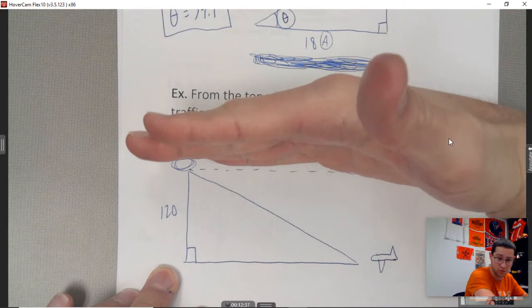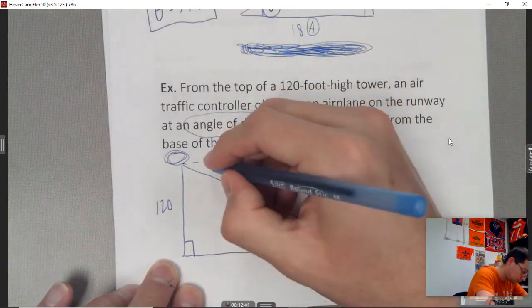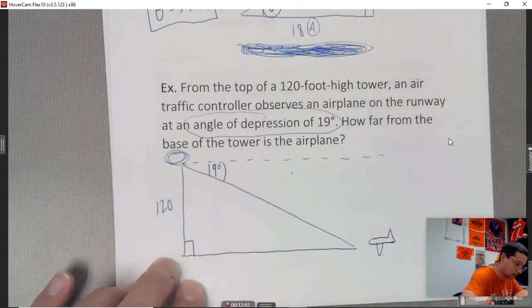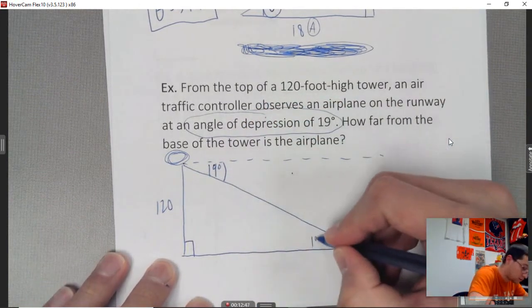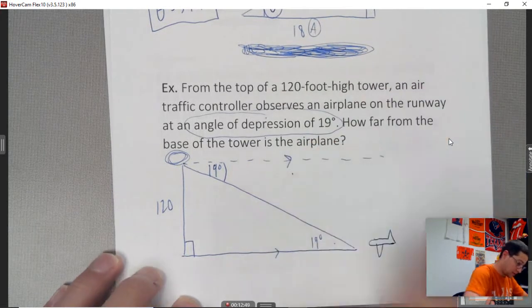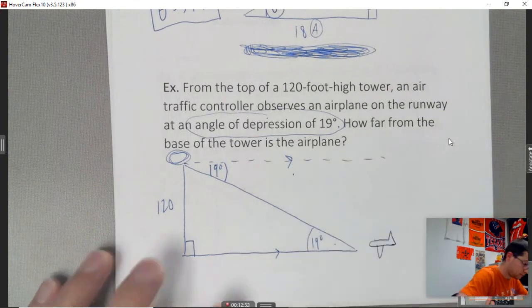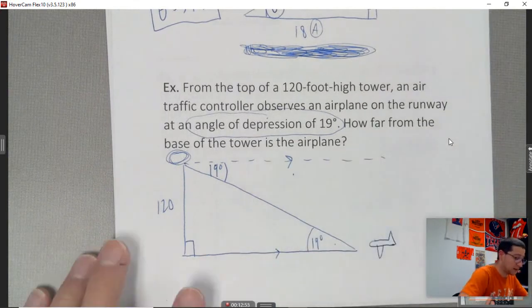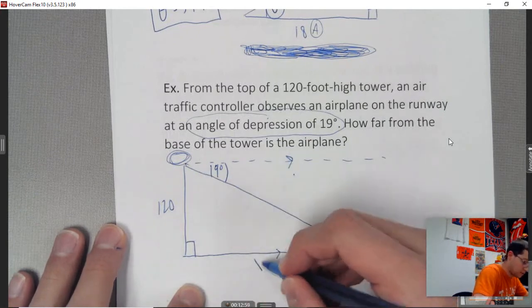It's from the horizontal down. So this is my 19. That angle. I can move that 19 over here, gives parallel lines and alternate interior angles. So there it is. And I'm trying to find how far from the base of the tower is the airplane.